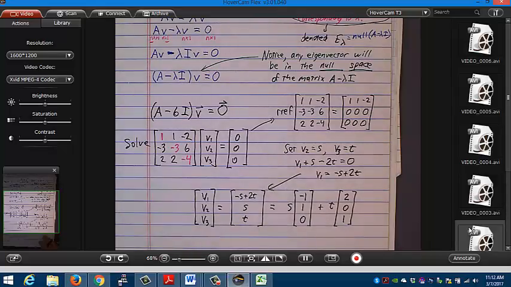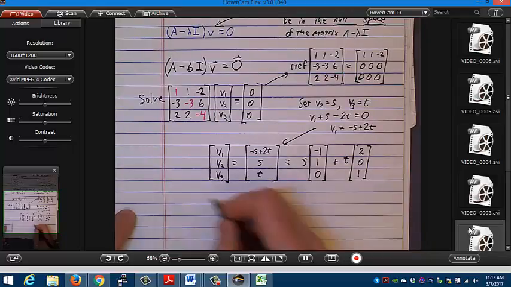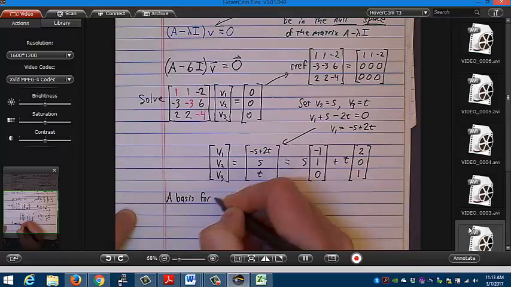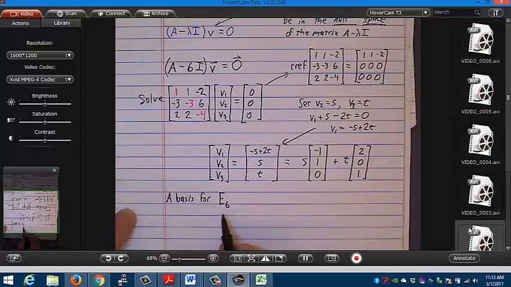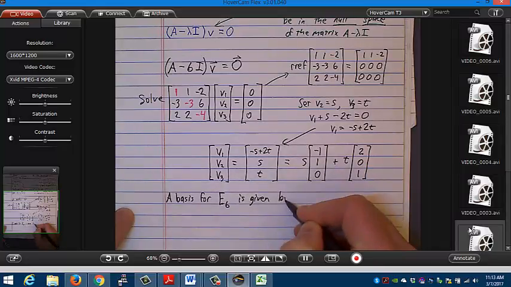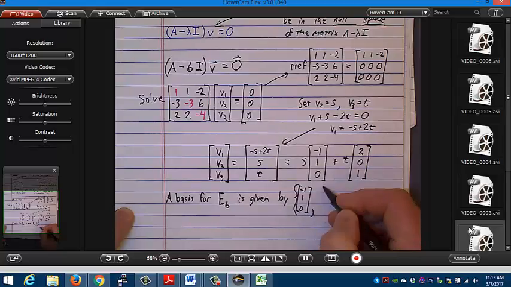So what we just showed is this. We showed that a basis for, and again, I'm going to write E6, which is shorthand for the eigenspace corresponding to the eigenvalue 6, is given by negative 1, 1, 0, comma, 2, 0, 1.